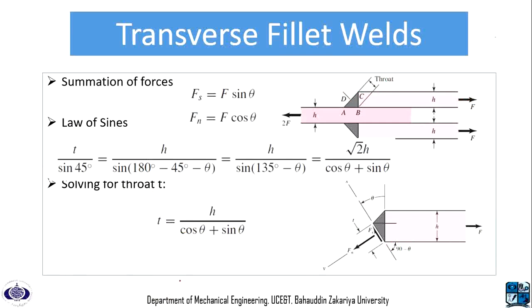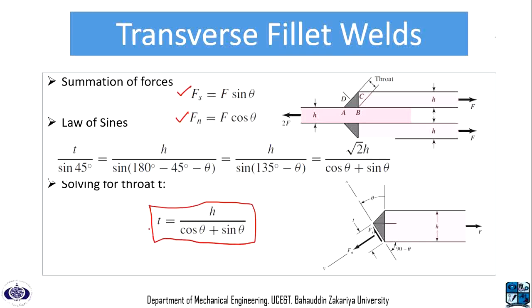So here is a little summary of our conversions between Fs, F and Fn, similarly between T and H. Fs is equal to F sine theta, Fn is equal to F cos theta, and T is equal to H over cos theta plus sine theta.